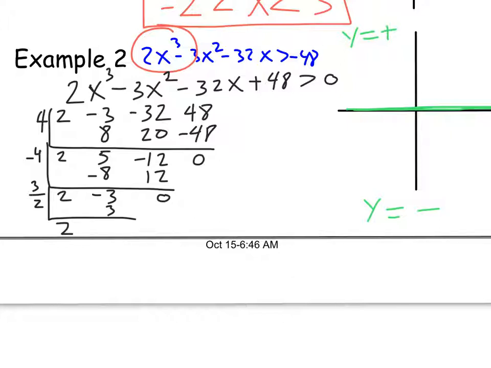All right, so we have verified them. We've got 3 zeros. Let's go mark them on our graph. We had one here, one at 1.5, and another one at 4.